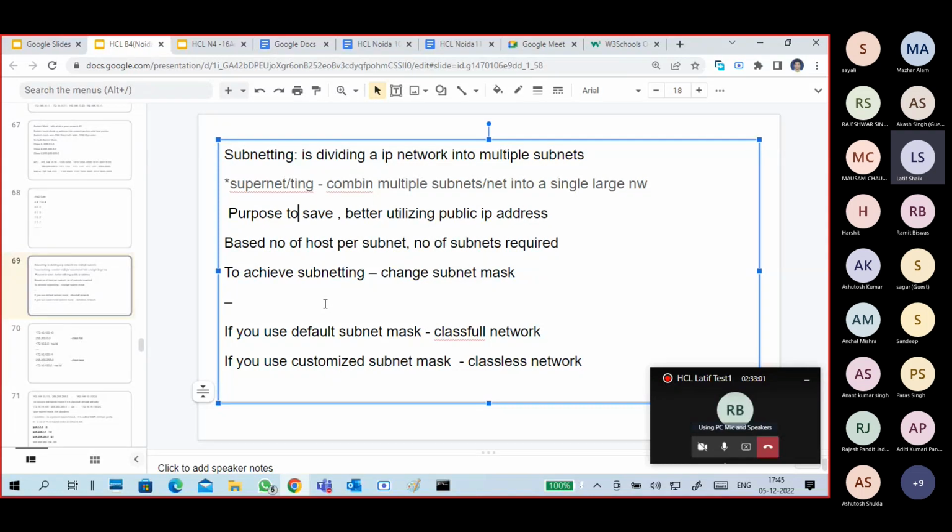For example, there is an organization that has 20 servers. These 20 servers require at least 20 public IP addresses. 20 servers should be connected to the public, which means 20 public IP addresses are required.